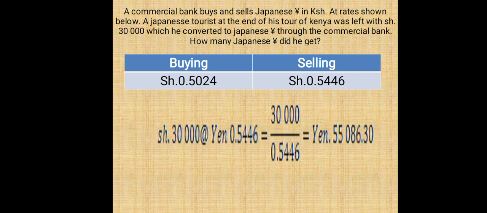A commercial bank buys and sells Japanese yen in Kenya shillings at rates shown below. A Japanese tourist at the end of his tour of Kenya was left with 30,000 shillings, which he converted to Japanese yen through the commercial bank. How many Japanese yen did he get?